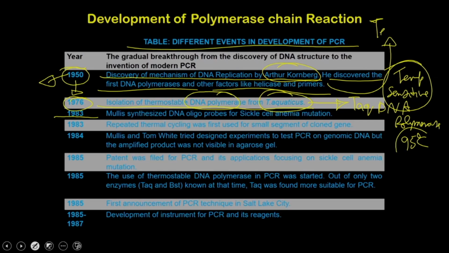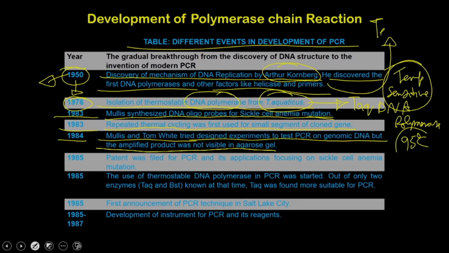Then in 1983, Kary Mullis synthesized the DNA oligo probes for sickle cell anemia, and repeated thermal cycling was first used to clone a small segment of genomic DNA. In 1984, Kary Mullis and Tom White designed an experiment to test PCR on genomic DNA, but the amplified product was not visible in the agarose gel.